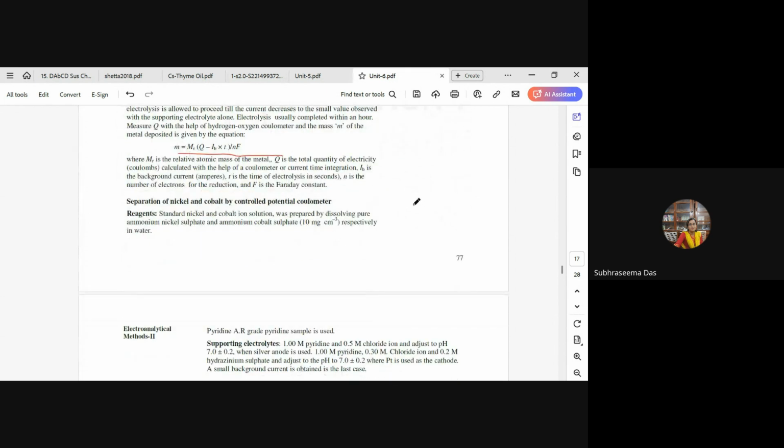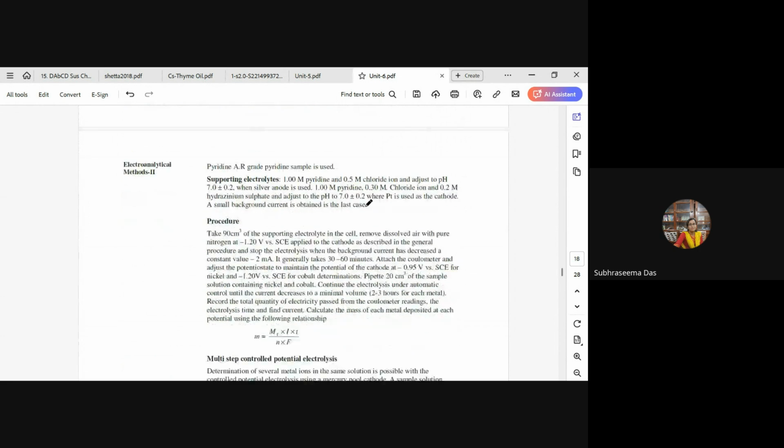Now, separation of nickel and cobalt by controlled potential coulometry. The reagents required are standard nickel and cobalt ion solutions, prepared by dissolving pure ammonium nickel sulfate and ammonium cobalt sulfate separately in water. Pyridine is also used.